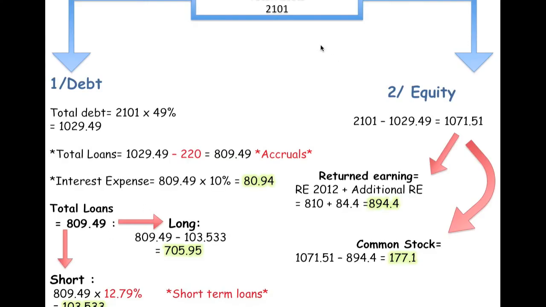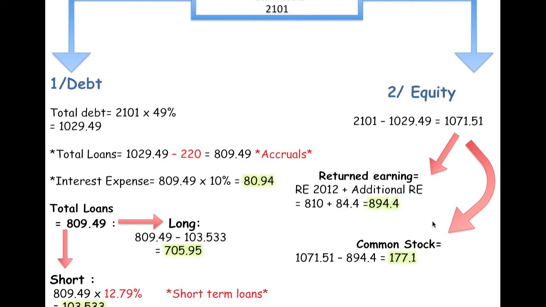Back to the total assets, as we mentioned before, assets are equal to liabilities plus owner's equity. So we got 2,101 for the total assets and 1,029.49 for the total debt. Therefore, the remaining amount is equal to 1,071.51 for the owner's equity. There are two parts in owner's equity, which are retained earnings and common stock.